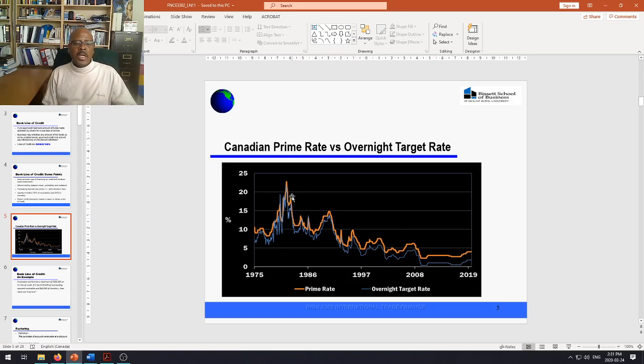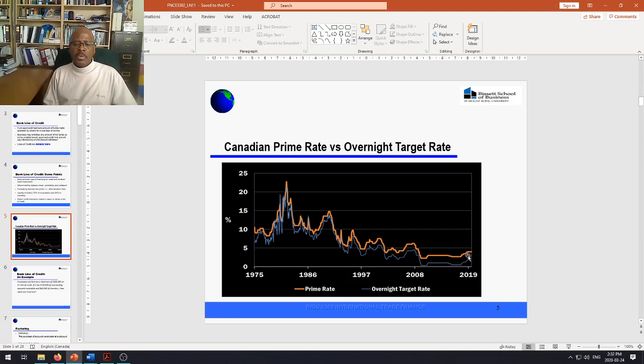As we can see, in the early 1980s, the interest rates were extremely high. The prime rate was in the mid-20s, about 22-23%, which was extraordinarily high. But over time, it has come down. Over the past 50, 60 years, it has averaged around 4%, 5%, 6%.